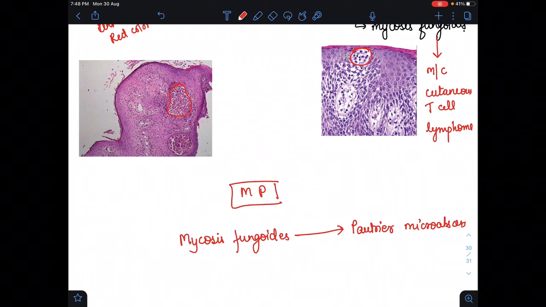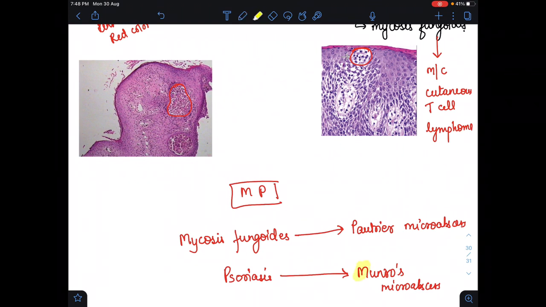While in psoriasis, we see the M, that is Munro's microabscess, which is seen in the stratum corneum layer. So this is a mnemonic: mycosis fungoides is seen with the Pautrier microabscess, while in psoriasis we see Munro's microabscess.